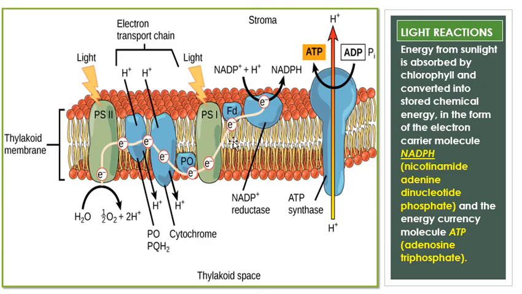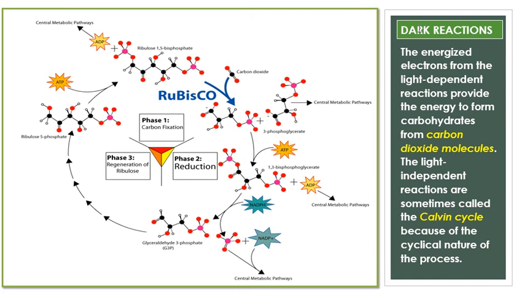Photosynthesis occurs in two processes. So, photosynthesis is divided into two processes. We have the light reaction or light-dependent reactions. And also, we have the so-called dark reaction or light-independent reactions, also known as the Calvin cycle.